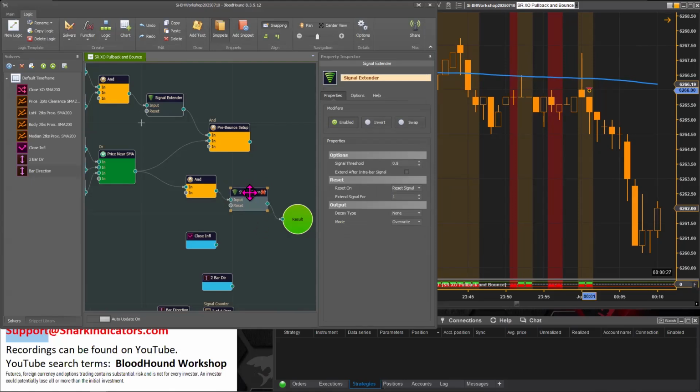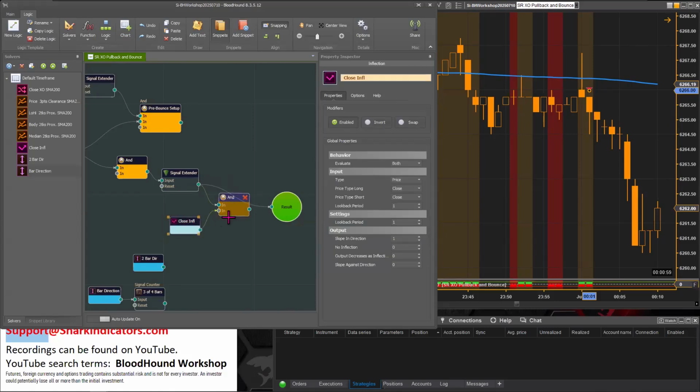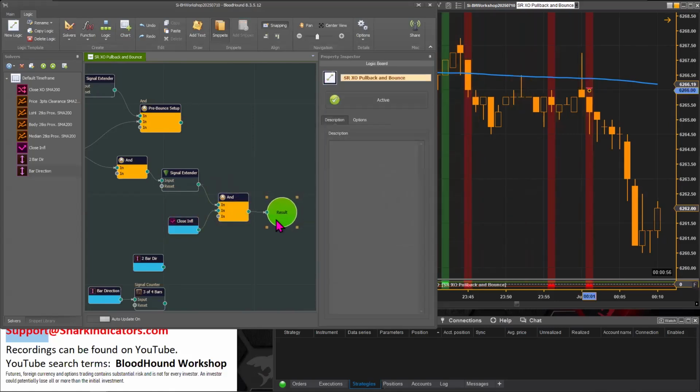Using a signal extender makes the system a little more foolproof in that we have an output on the bar that touches, and now we have another output one bar forward on the bar that could reverse away. So now we have an output on that bar. Connect that in, and there we go. There's our short signal on the inflection bar, or the bar that reverses away.